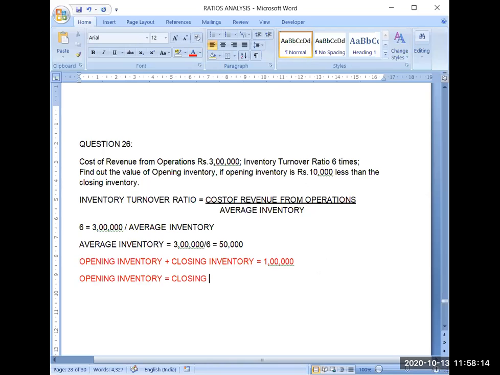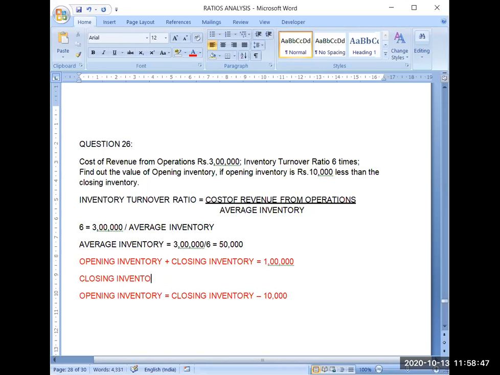If I subtract 10,000 from the closing inventory, then I will get the value of opening inventory. And what I can do, I can put this value in the same equation here. So instead of writing opening inventory, I will put the value of opening inventory. The value of opening inventory is closing inventory minus 10,000.